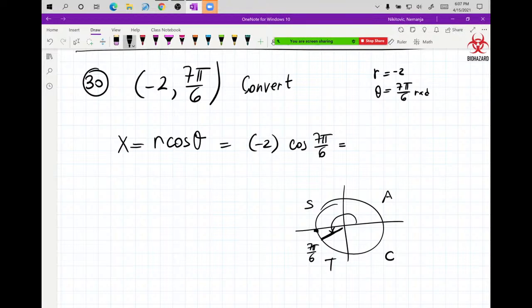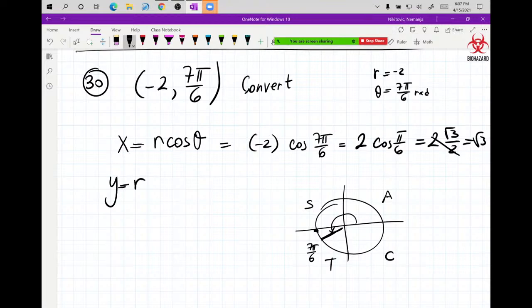A is all positive: sine positive, tangent positive, cosine positive. So we have a negative there, so that's just going to give us 2 cosine of pi over 6, which is 2 times root 3 over 2, which is just root 3. So the first coordinate is root 3.